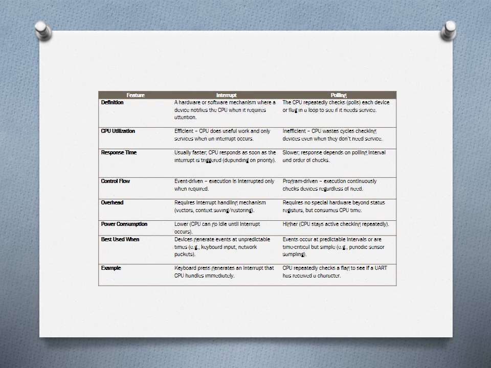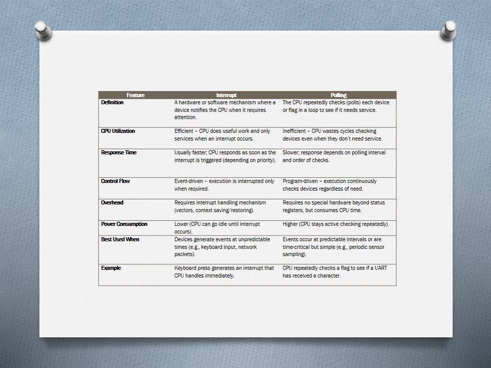So looking into the difference between polling and an interrupt, look into the definition. An interrupt is a hardware or a software mechanism where a device notifies the CPU when it requests attention. When you look into the CPU utilization, it does useful work and only services when an interrupt occurs. Looking into the response time, when an interrupt occurs, usually it is faster.